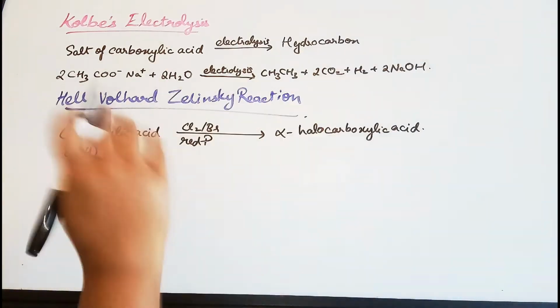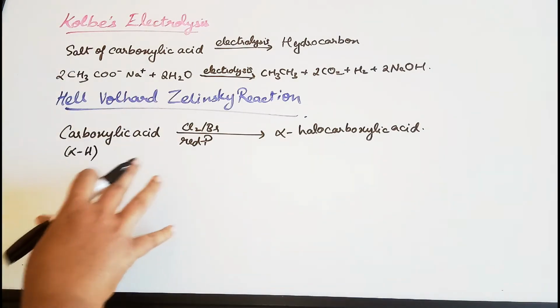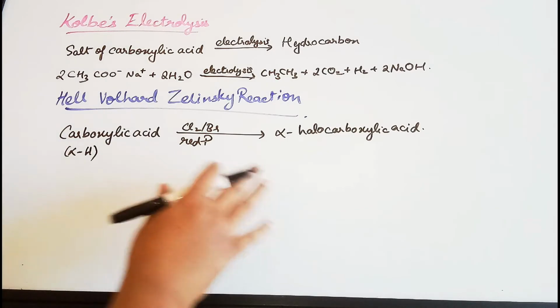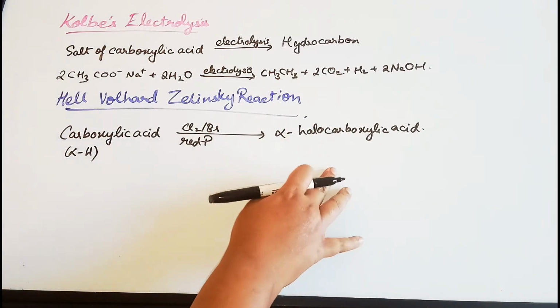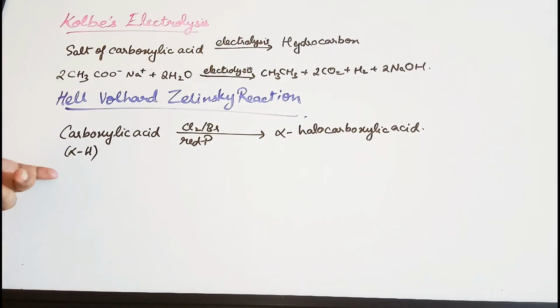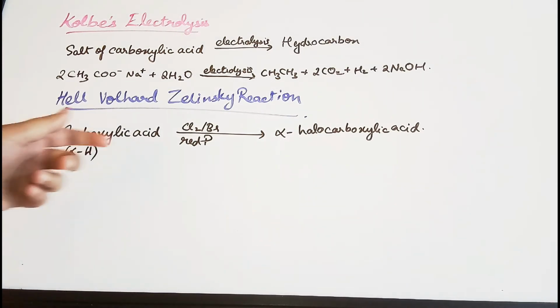To put it very simply, one of the alpha hydrogens is getting replaced by the halogen atom. That's all. That posh name is alpha-halocarboxylic acid. So basically only one of the alpha hydrogen atoms is getting replaced by a halogen atom.